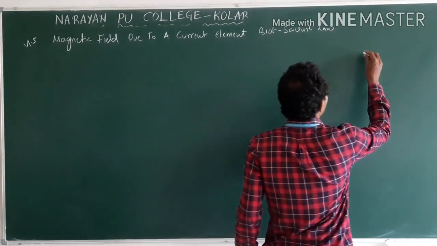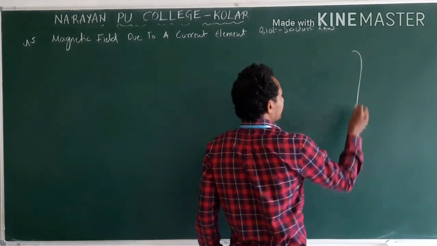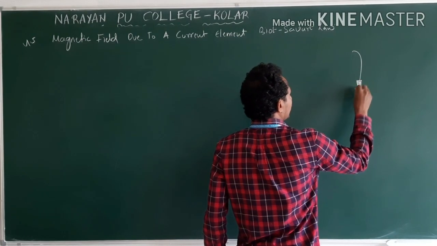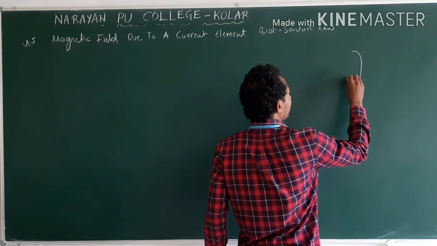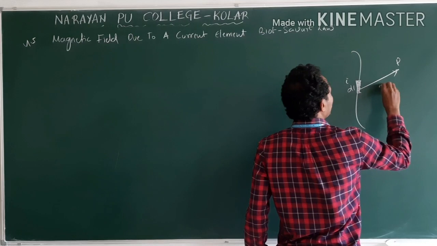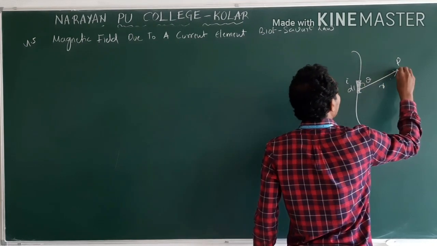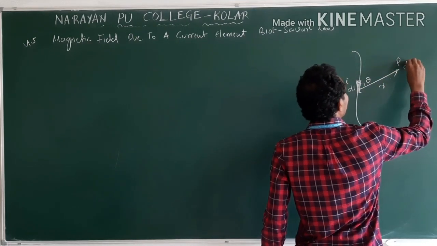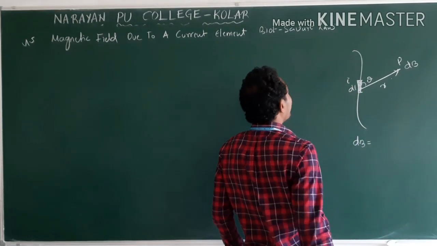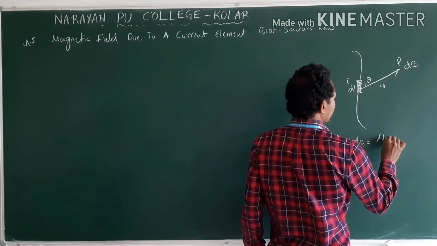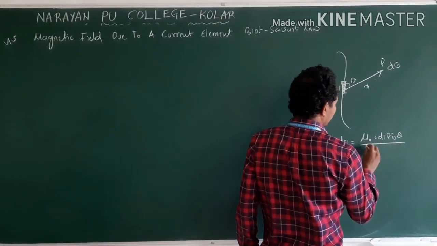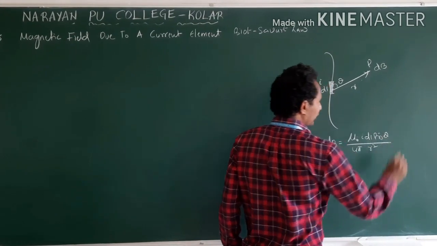So this is an arbitrary shaped conductor. This is dl, which carries current I. At point P, we will take the position vector and angle. Due to the small element, a small field is there. That field formula we wrote according to Biot-Savart law: mu naught I dl sin theta by 4 pi r square.